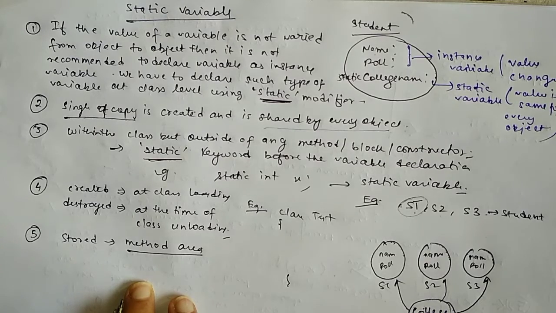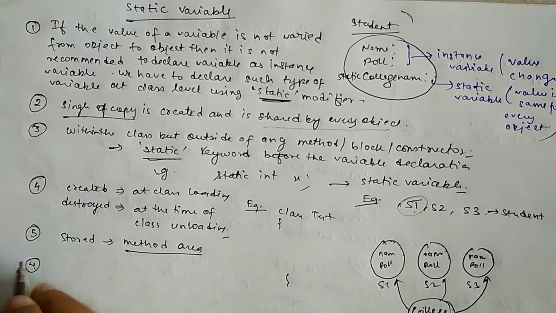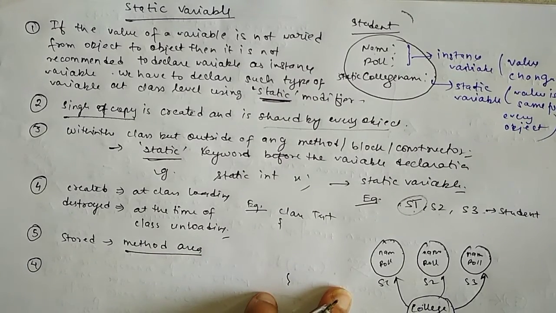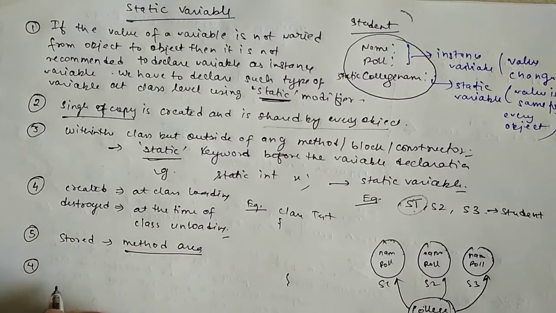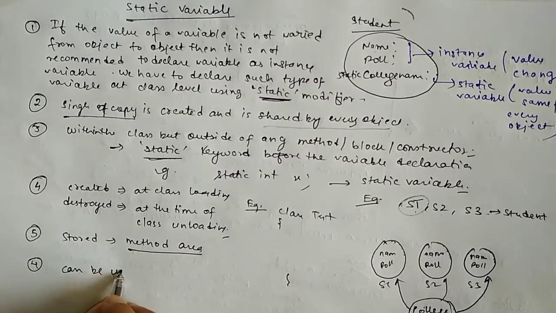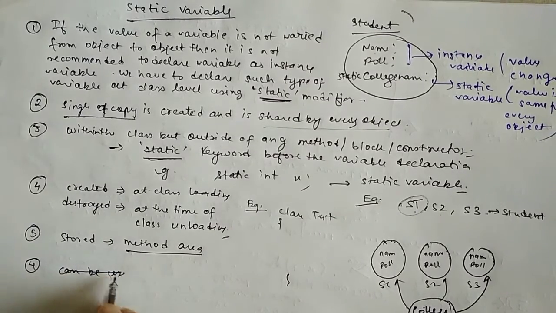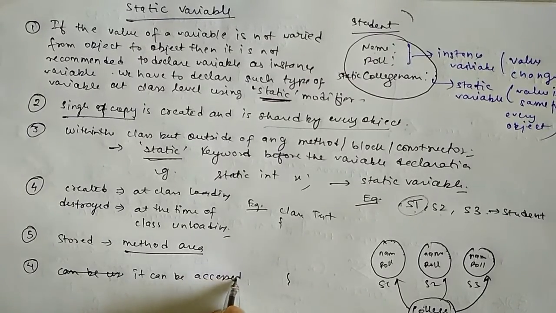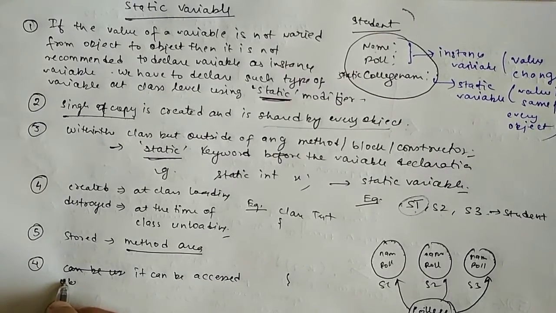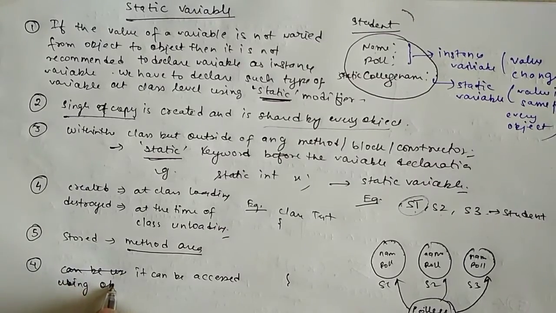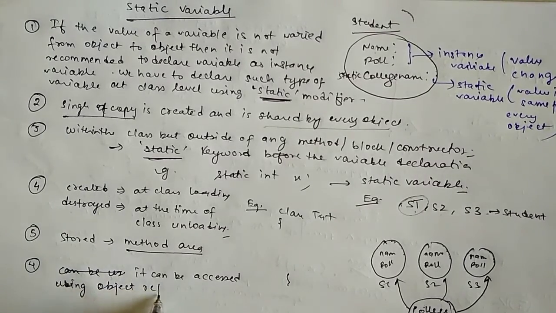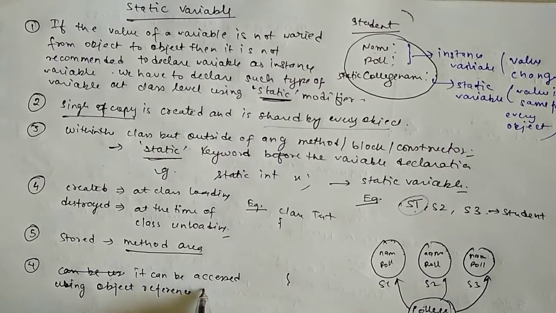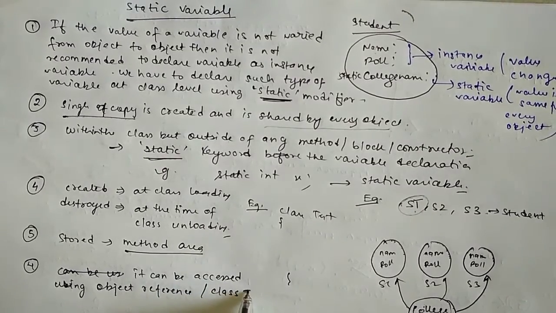Now the point comes: how can we use this static variable? We can use it with the help of an object reference and also with the help of a class reference. It can be accessed using an object reference or a class reference.